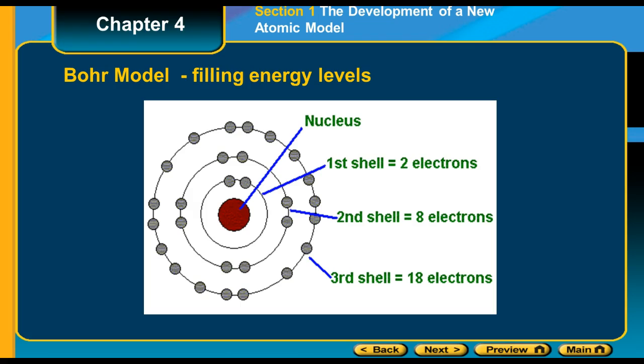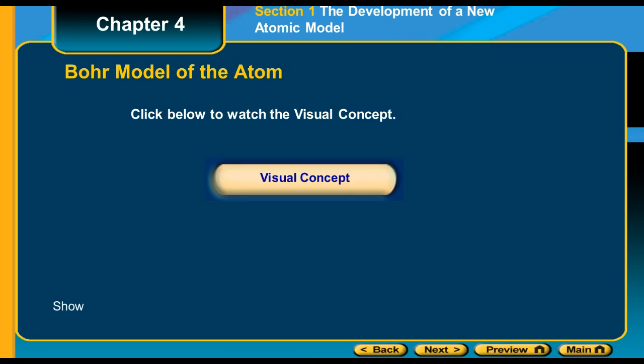So here is Bohr's model, and we've looked at this prior. The first energy level can have 2 electrons, the second shell can have 8 electrons, the third can have 18, and then successively they have 18 or more.